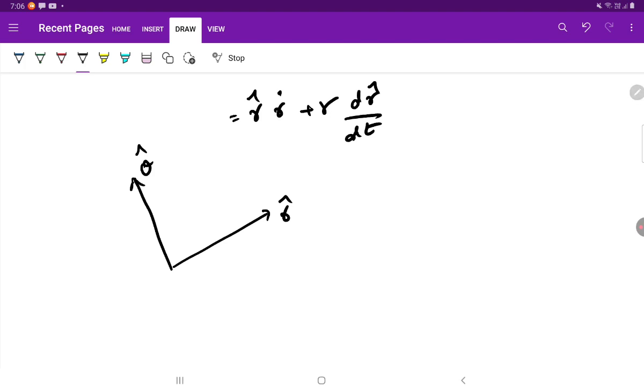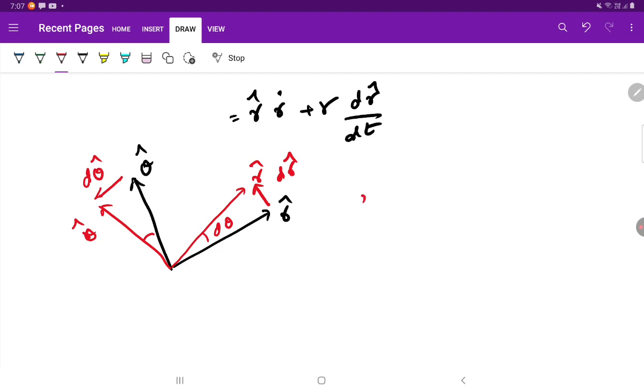Now suppose that the particle has moved in such a way that the angle has changed from theta to theta plus d theta. Then this coordinate system will simultaneously rotate by the angle d theta, and r cap will point in some other direction and theta cap in some other direction. So I can say this is the d r cap direction and this is the d theta cap direction.